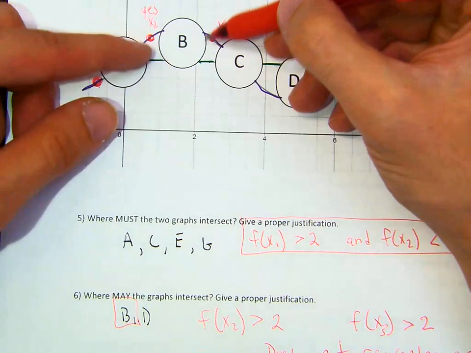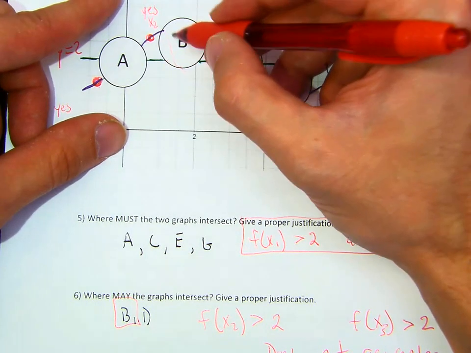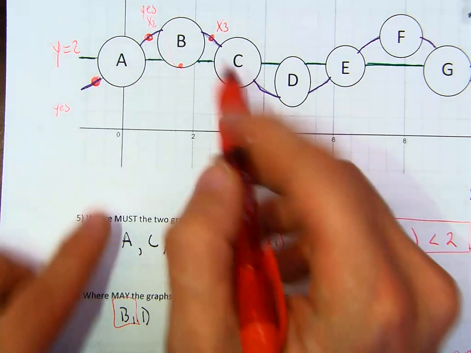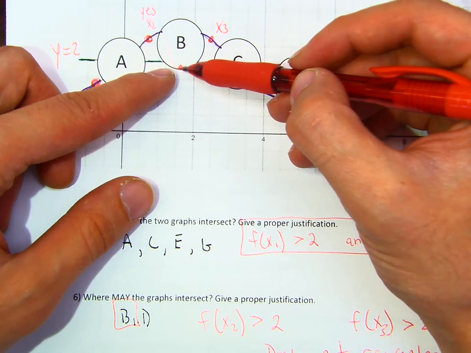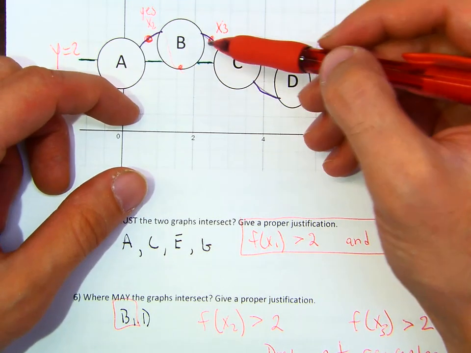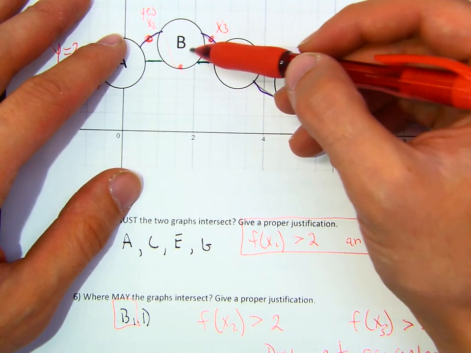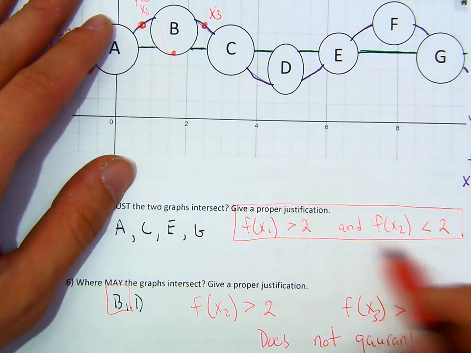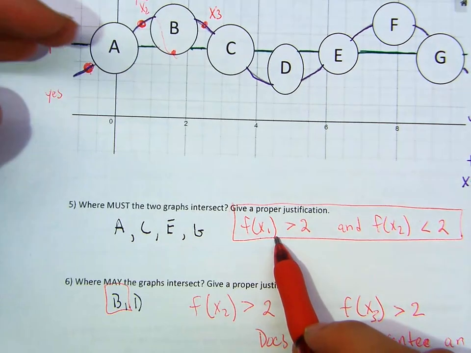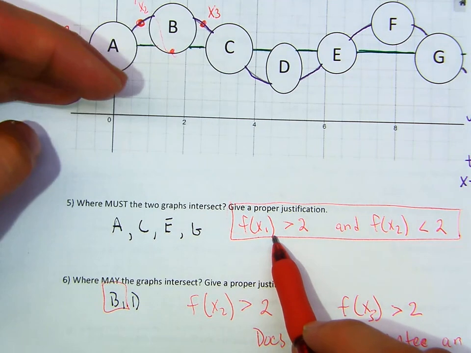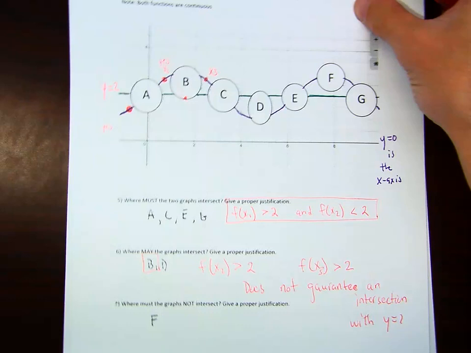It's a maybe, because you don't know if there's a point below 2 within B. If I had a point over there, then you'd know there's a point below 2 and above 2, so maybe this could intersect, but here it doesn't. For two graphs to intersect, you need a point above it and a point below it, or vice versa.